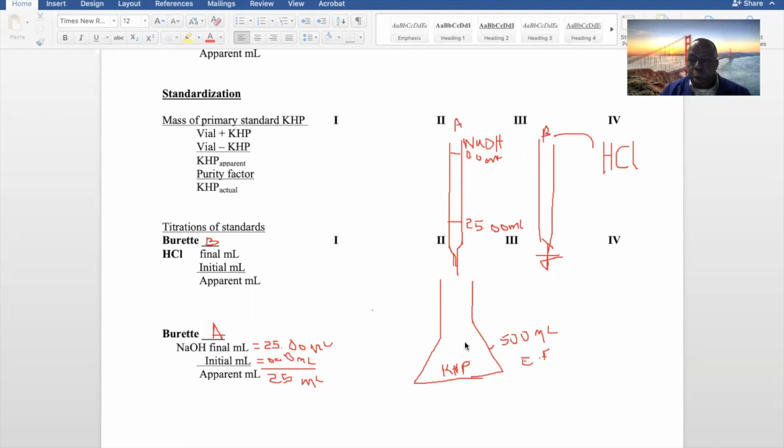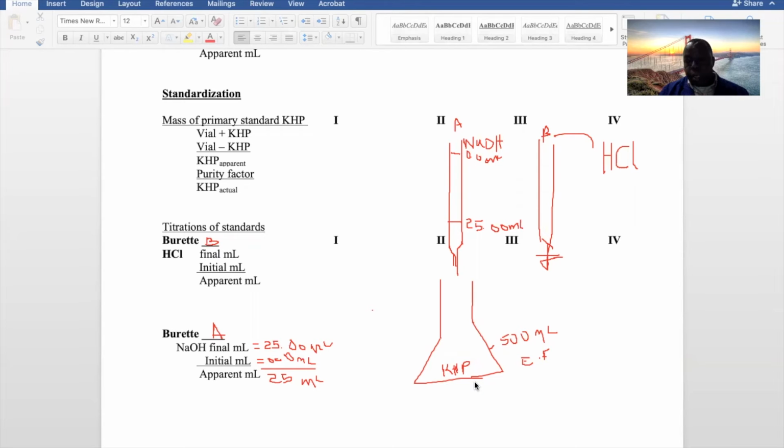That means we have extra NaOH here, and we have to account for the ml of NaOH consumed by the ml of KHP. So how you account for that is, if we have excess, this is over titrated. This is the total volume here.